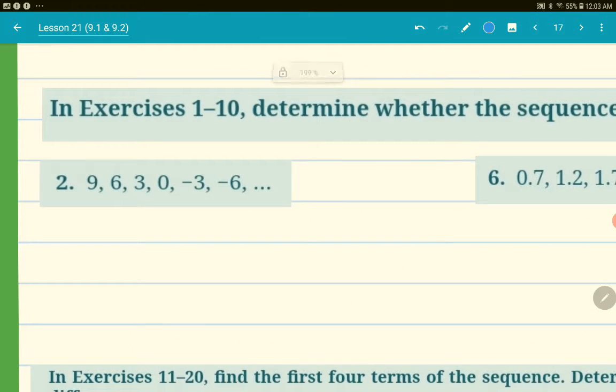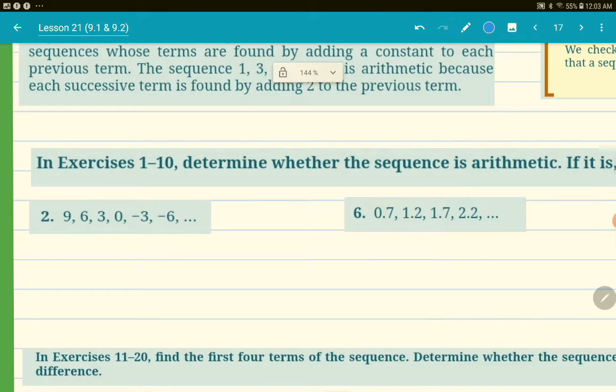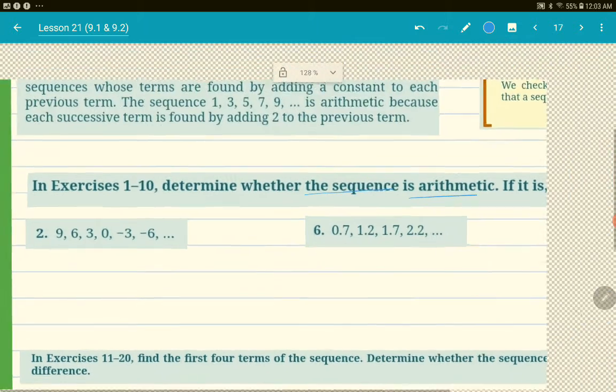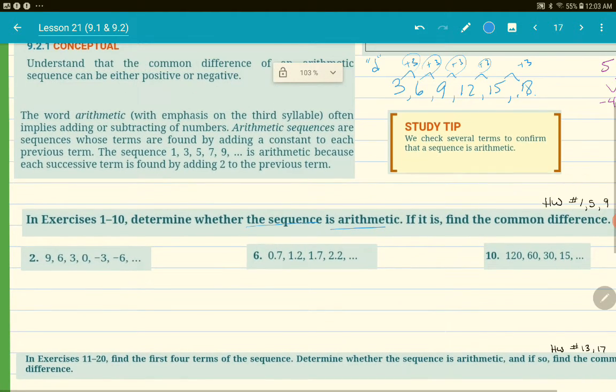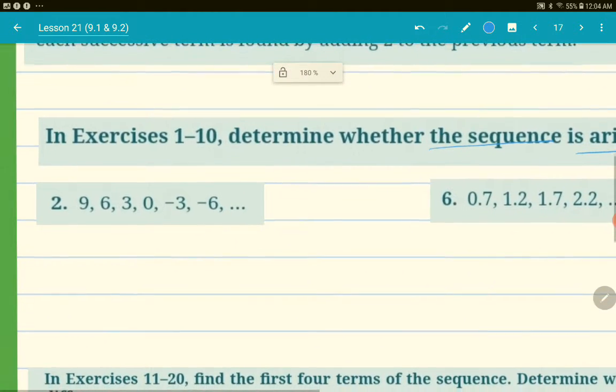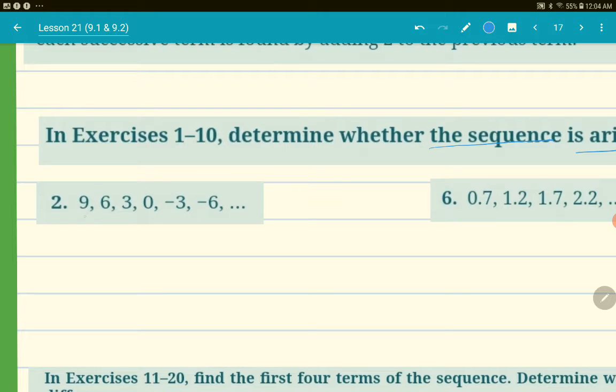So we want to determine if this sequence is arithmetic, and if it is, we want to find the common difference. So let's see. That means I start at the first term and see what would I add or subtract to get to the next term. So in this case, I subtract 3.